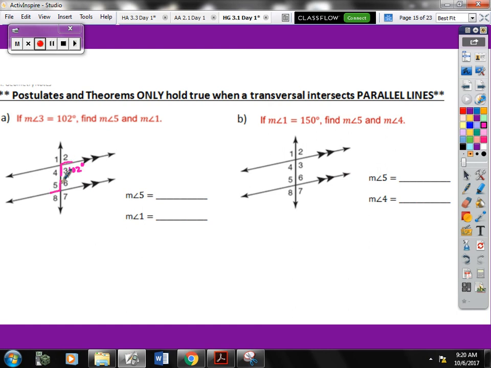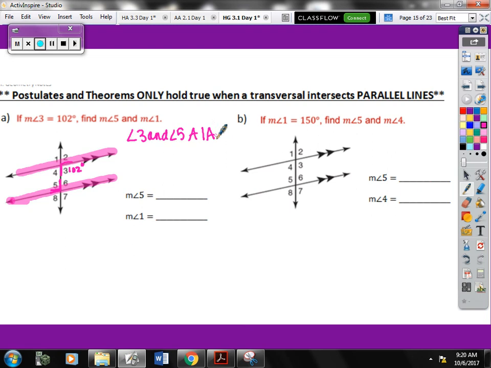Angles 3 and 5 are what type? Trace the angles. Are they corresponding, alternate interior, alternate exterior, same side interior, or same side exterior? Maybe I should trace this. This would be my transversal. These are my lines. 3 and 5. Marquise? Alternate interior. Good. Angle 3 and 5 are alternate interior angles.